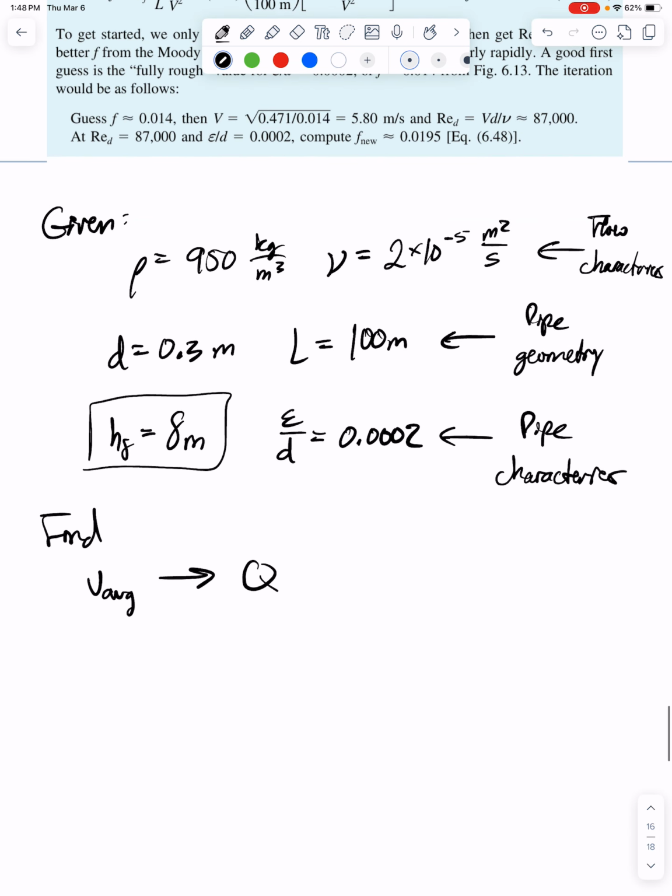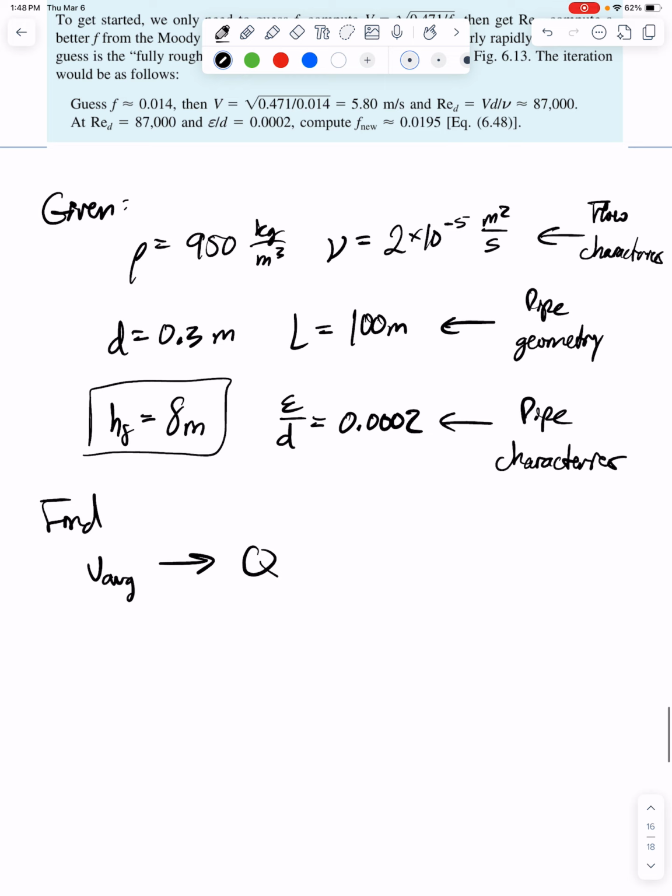As you see, I've been labeling our givens, and the reason is that, based on flow characteristics and pipe characteristics, these two terms are kind of pi groups. Flow characteristics form a pi group, pipe characteristics form another pi group. How is the surface of the interior of the pipe?